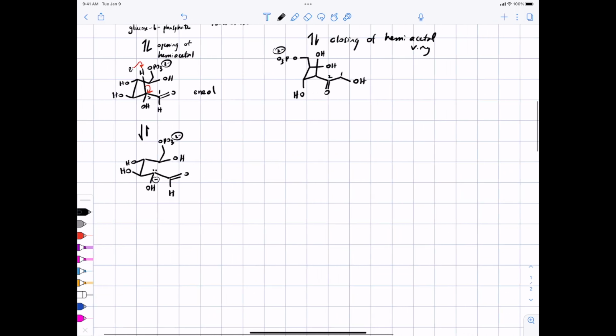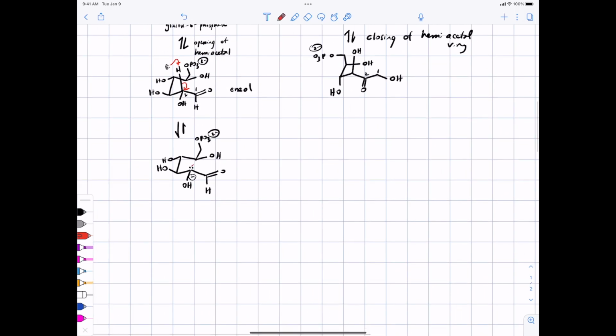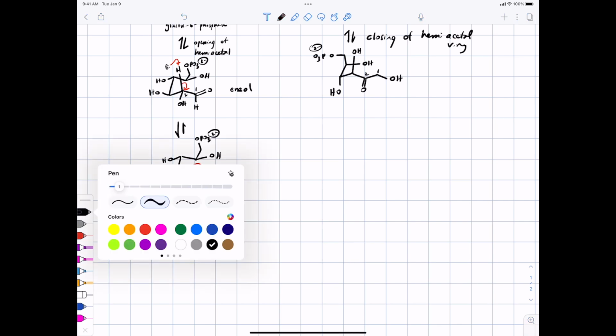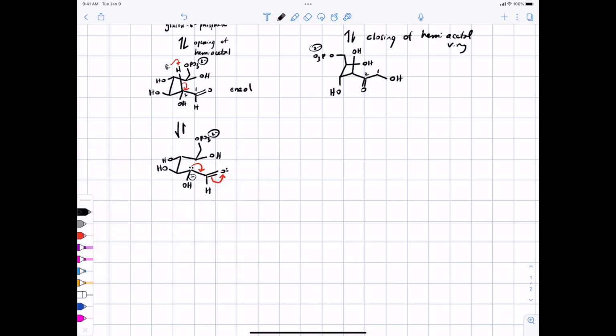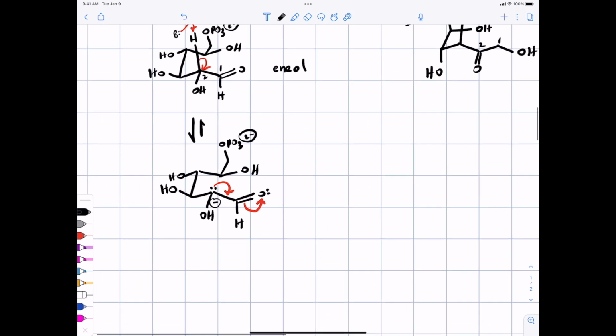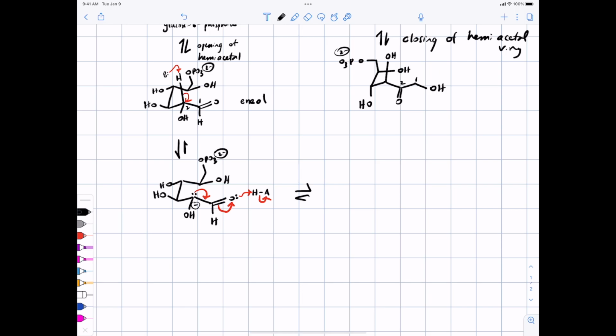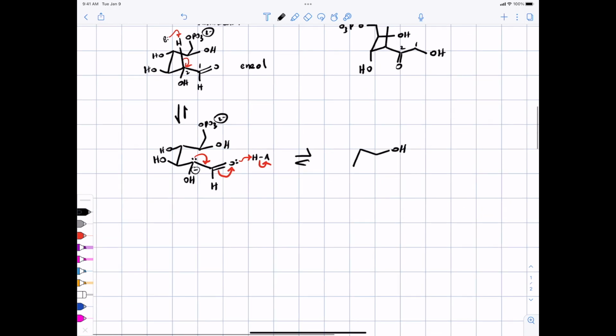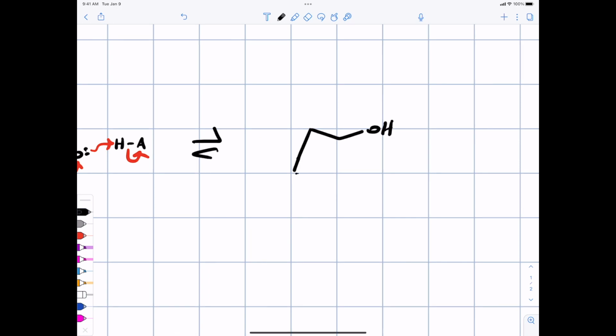Okay. And then I can protonate that enolate on the carbonyl carbon. What's the base and what's the acid? Those are side chain or backbone groups on the enzyme. Once I've done that, let's see what the intermediate looks like.